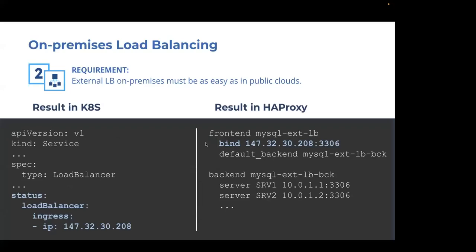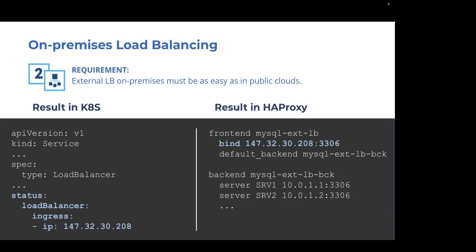So what happens is in Kubernetes, we're now going to have the service of the type load balancer, but it's going to have a status, and the ingress IP that was actually assigned from the IPAM block is automatically going to be there. So if you do kubectl get services, you will see an external IP reported. And on the other side, automatically in HA proxy, I'm going to get a front end with a bind.